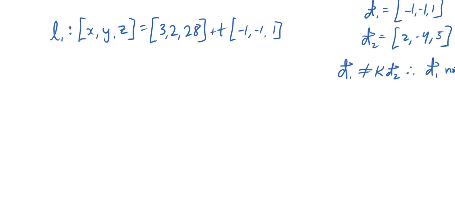It's not unlike what we did previously. If the direction vectors are not parallel, the lines will pass over, under, whatever that means, each other somewhere.